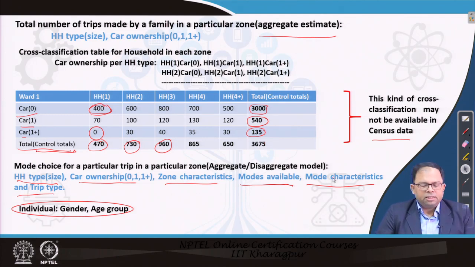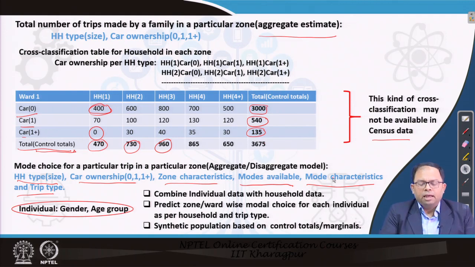So, in this case, we can see that not only the household data, but also individual data needs to be combined with household data, and we need to predict zone or ward wise modal choice for each individual as per household and trip type. So, this is what we need to undertake, but we do not have data for that, and so that is the reason we need to create a synthetic population based on the control totals or marginals.